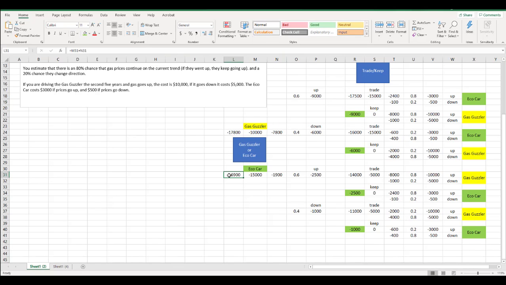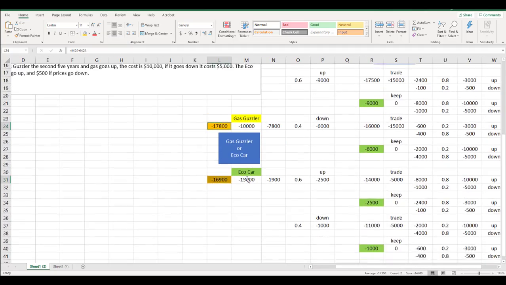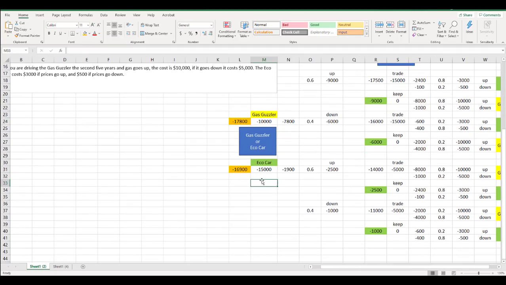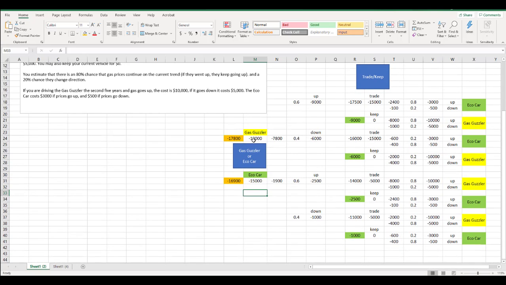Now you can see that the total cost of owning the Eco Car, so we have these two, let me highlight those, is actually less. That's because there are two drivers to this. One, this is now over a 10-year span. Also, I have the ability to react to the decision later.